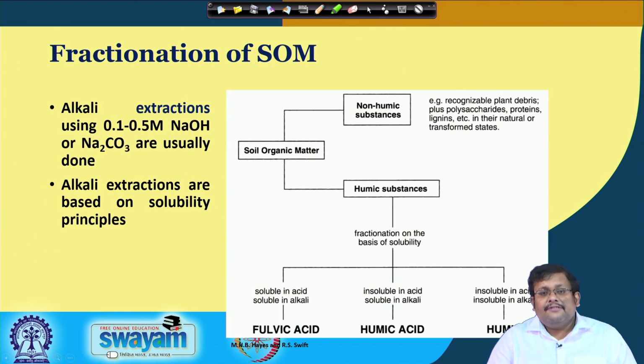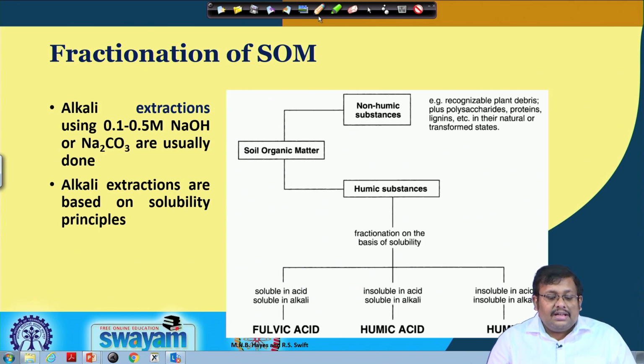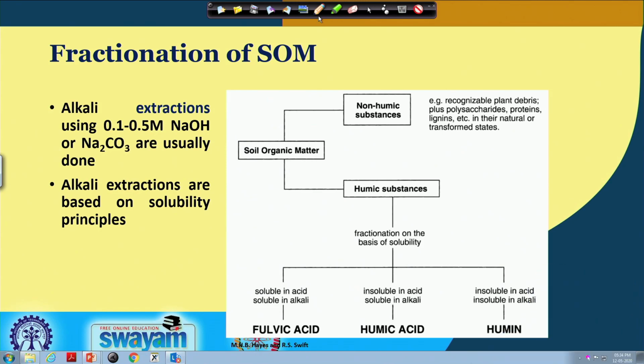If we see the fractionation of soil organic matter in detail in this diagram, alkali extraction using 0.1 to 0.5 molar sodium hydroxide or sodium bicarbonate is generally done, and alkali extractions are based on solubility principles.